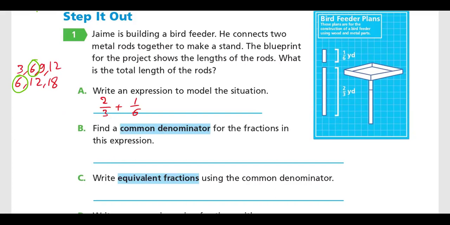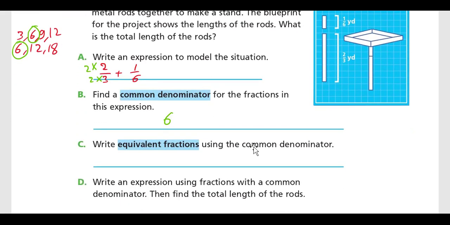So we can make 3 as 6 if we multiply it by 2. So the common denominator is 6. The equivalent fraction, we wrote it right now. So the first fraction will be 4/6 plus 1/6.